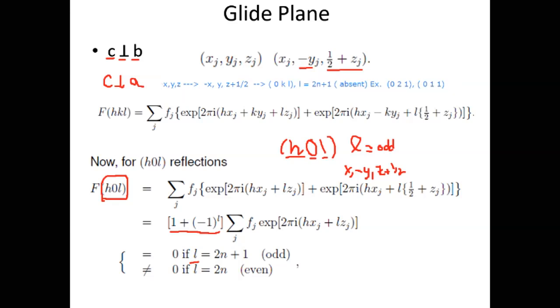Now, if it's a C-glide perpendicular to B, again, we're looking at the H0L reflections, where L has to satisfy the odd criteria. So L equals 2n plus 1. These are systematically absent.